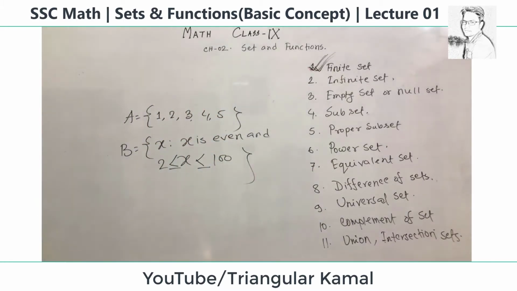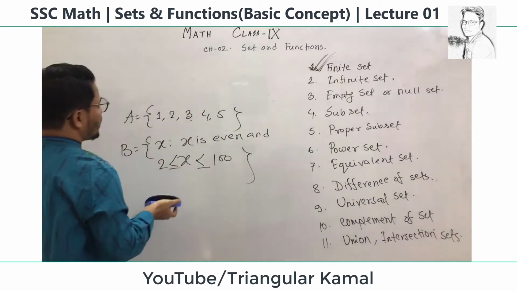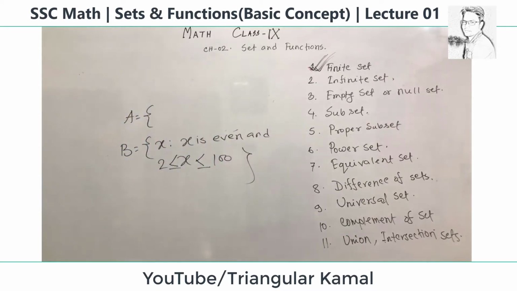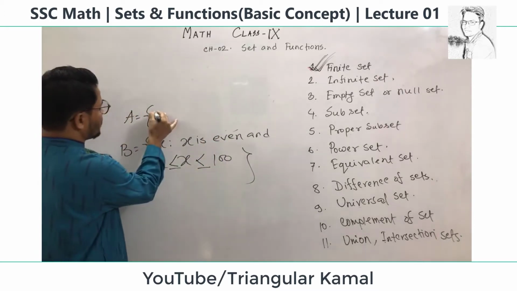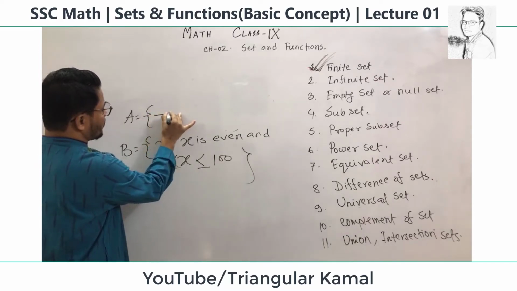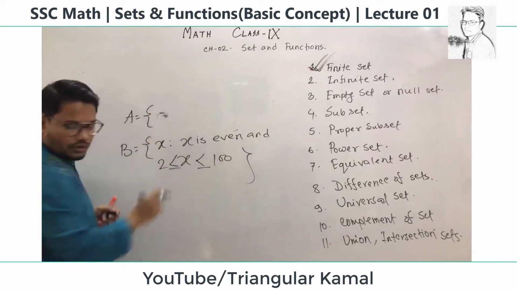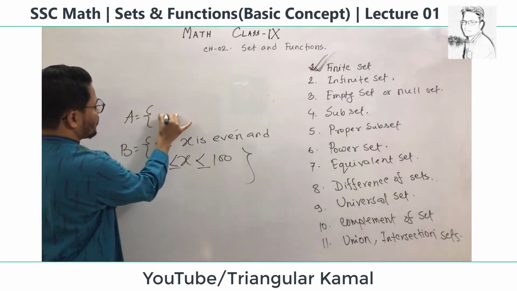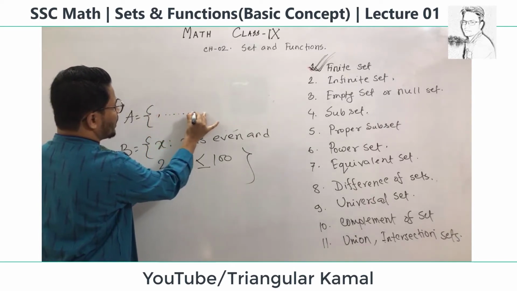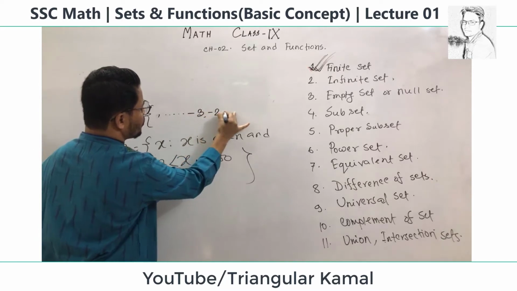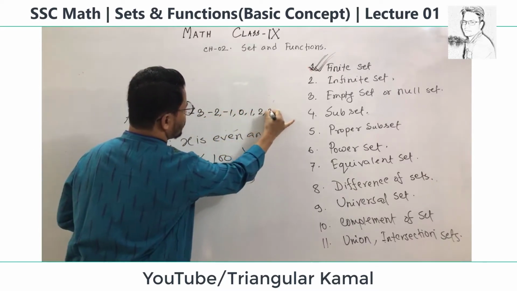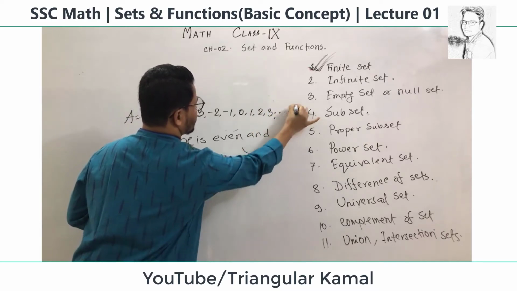But if we write the integer numbers, we can start here: -3, -2, -1, 0, 1, 2, 3, and then dot dot.